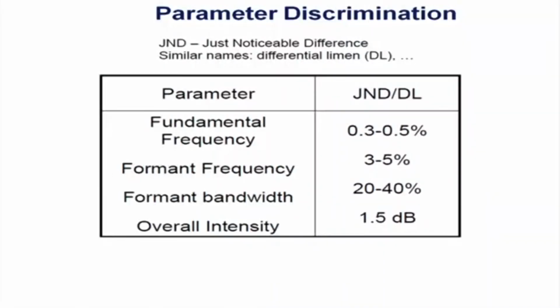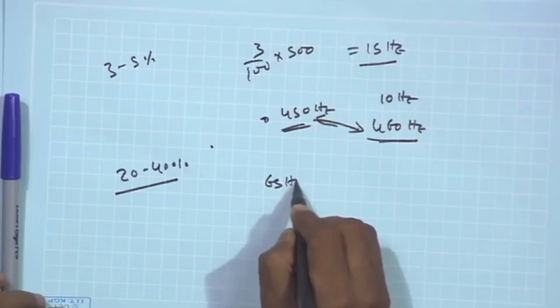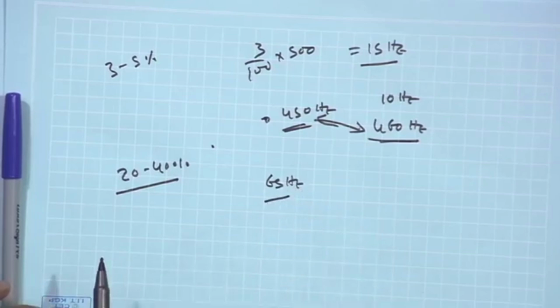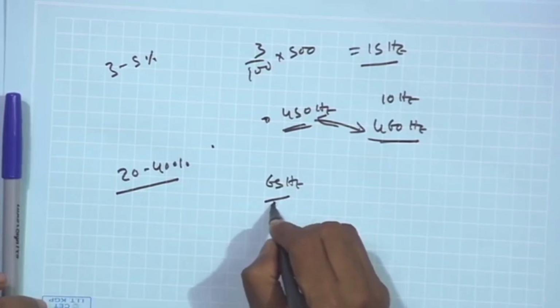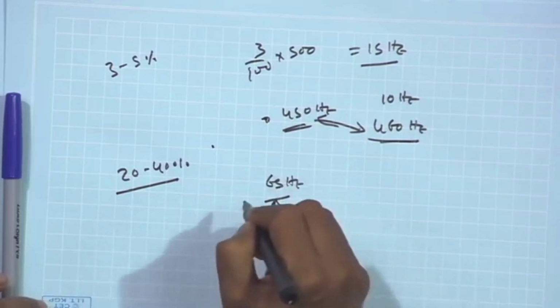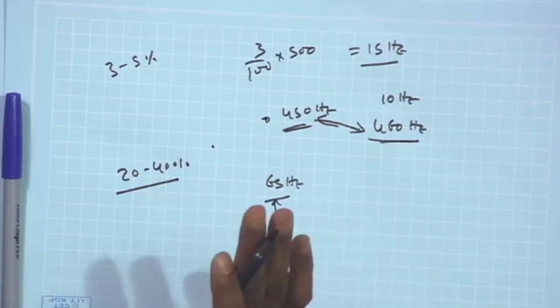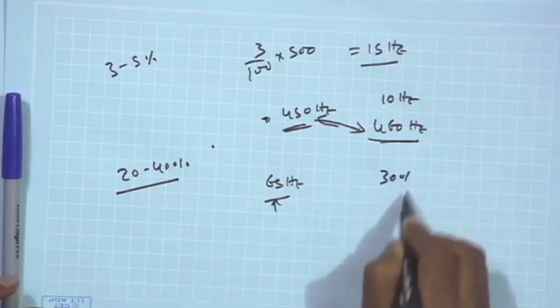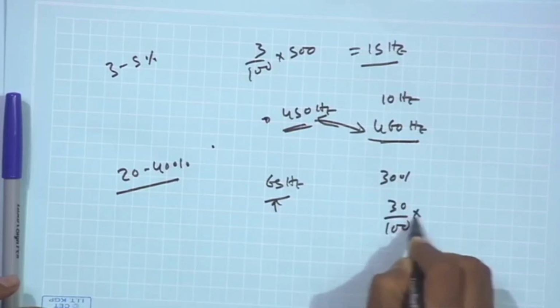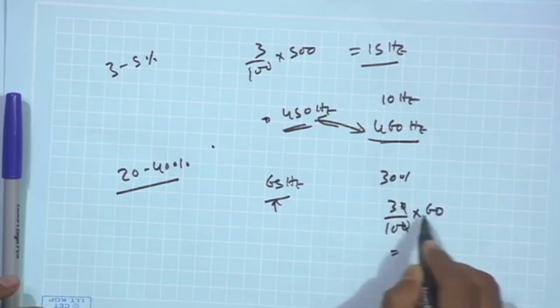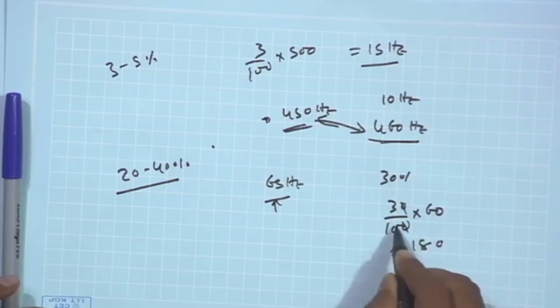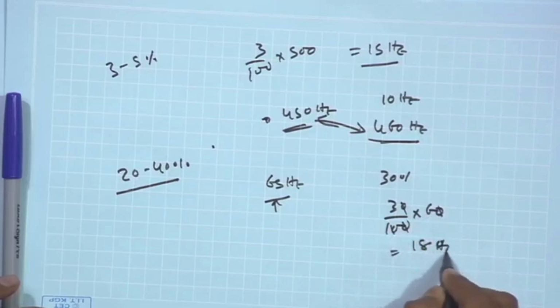Then formant bandwidth, 20 to 40% error. So, suppose let us say the first formant bandwidth is 65 hertz. Even if there is 20 to 40% variation we cannot distinguish. So, let us say 30% variation we cannot distinguish. 30 divided by 100 into 65, 18 hertz difference.